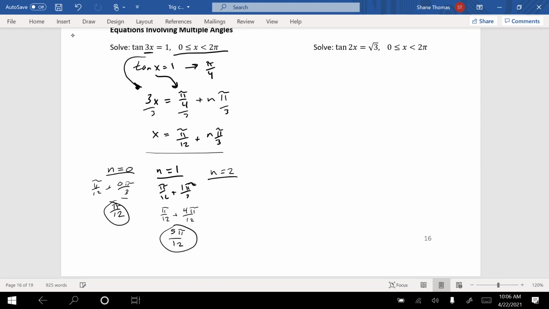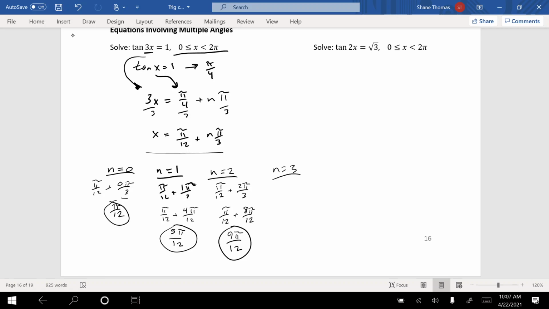N equals 2. Pi over 12 plus 2 pi over 3. Common denominator. So I'm looking at pi over 12 plus 8 pi over 12. So that's 9 pi over 12. Still fits. Now, n equals 3.